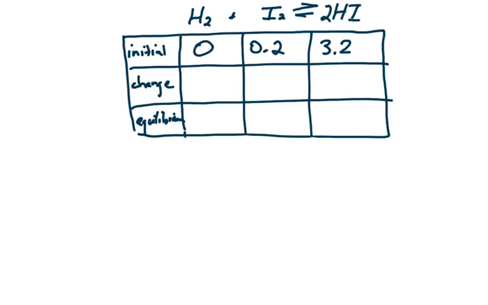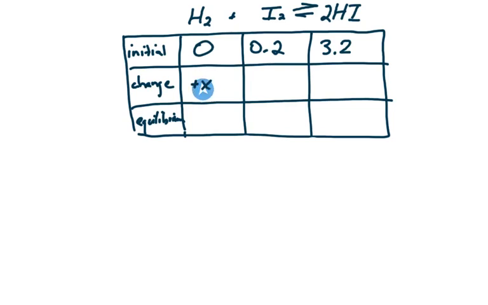Okay, so our next step. Let's determine what the change in concentration is going to be. Well, in order to determine what the change in concentration is going to be, I need to be able to predict which way this reaction is going to go. Well, obviously, the reaction is going to move more in this direction because we don't even have any hydrogen gas to start with. So this is going to be plus X. The change in concentration from the initial, which is 0, is going to be some positive value.